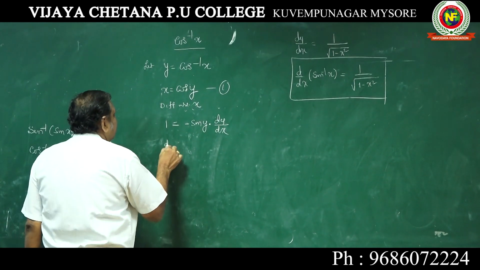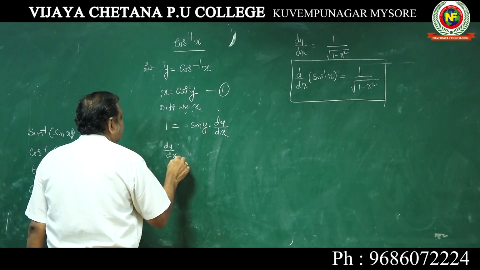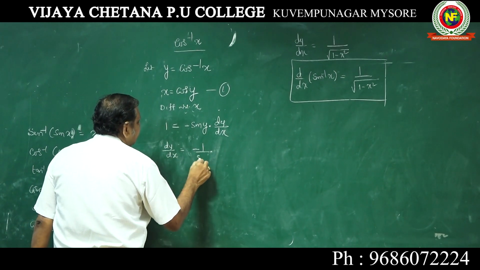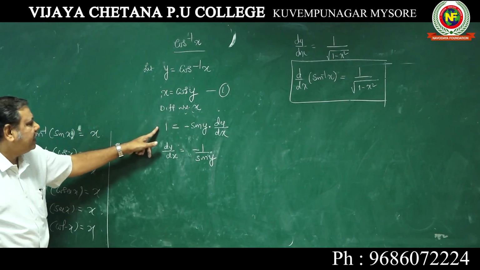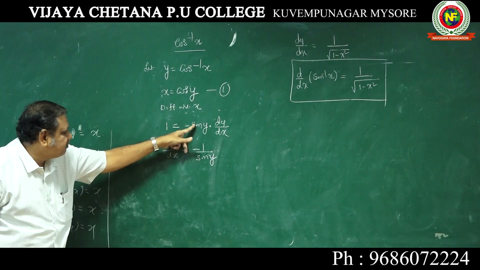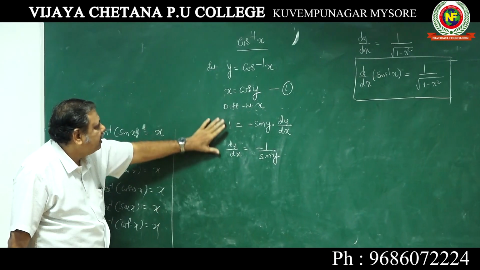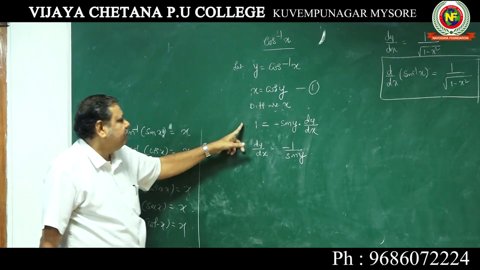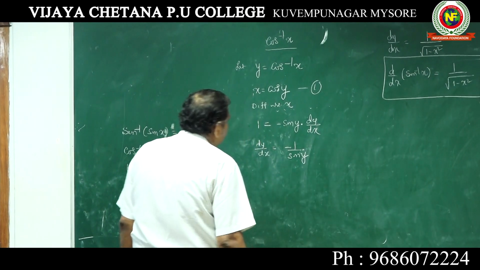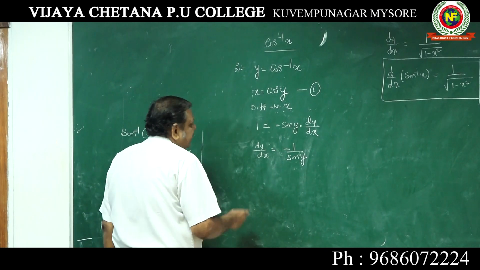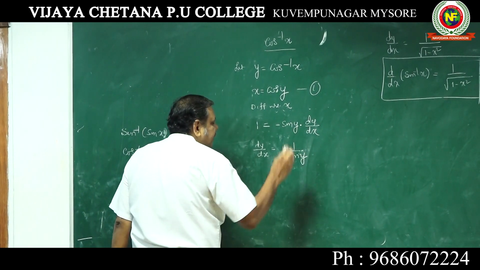Or dy by dx is equal to minus 1 by sin y. I suppose all of you have followed. x equal to cos y, then differentiate: 1 is equal to minus sin y into dy by dx, or dy by dx is equal to minus 1 by sin y.